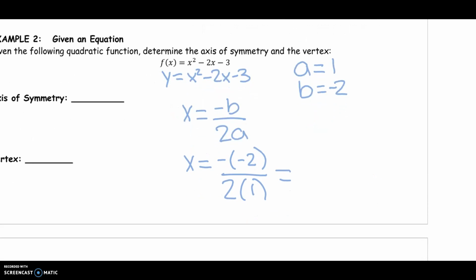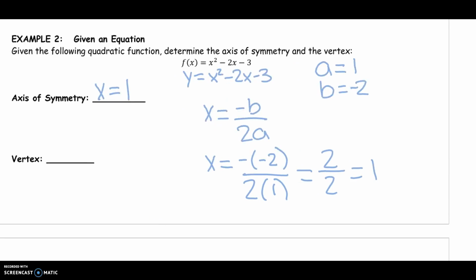And then just evaluate: negative negative 2 is positive 2, over 2, which equals 1. So notice that for the axis of symmetry, it's x equals 1 because we are writing the equation of that vertical line. So x equals 1 is the vertical line that goes through that parabola.